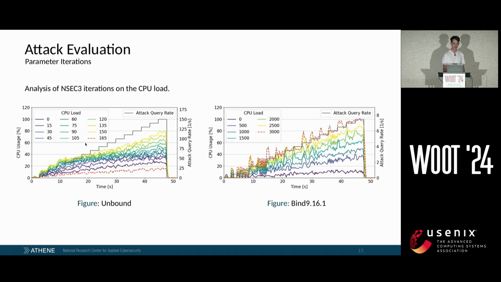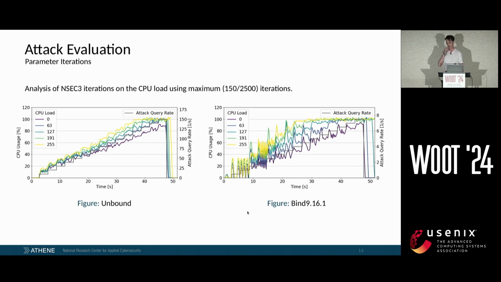And that ends with a value that is above the 150 value, in this case for the Unbound version. On the right, we have the older version of Bind 9, running 9.16.1. You can see that already at around 8 queries per second, the CPU would be maxed out. And even more so, you have the limit of 3,000 iterations that would still be accepted for some reason at this resolver, which would achieve full CPU maximization.